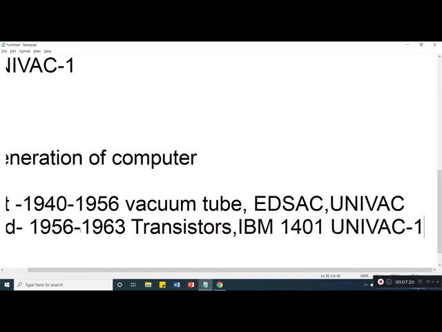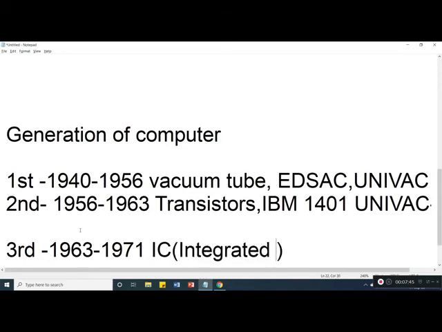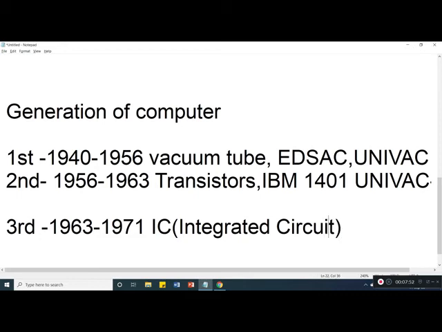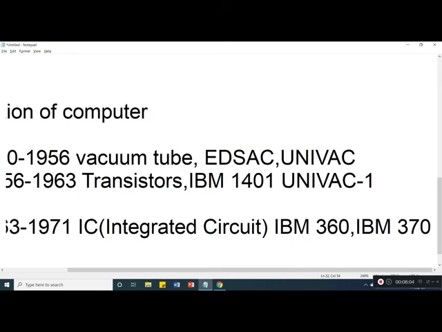Now the third generation is 1963 to 1971, using the integrated circuit, the IC. Examples are the IBM 360 and the IBM 370 series.